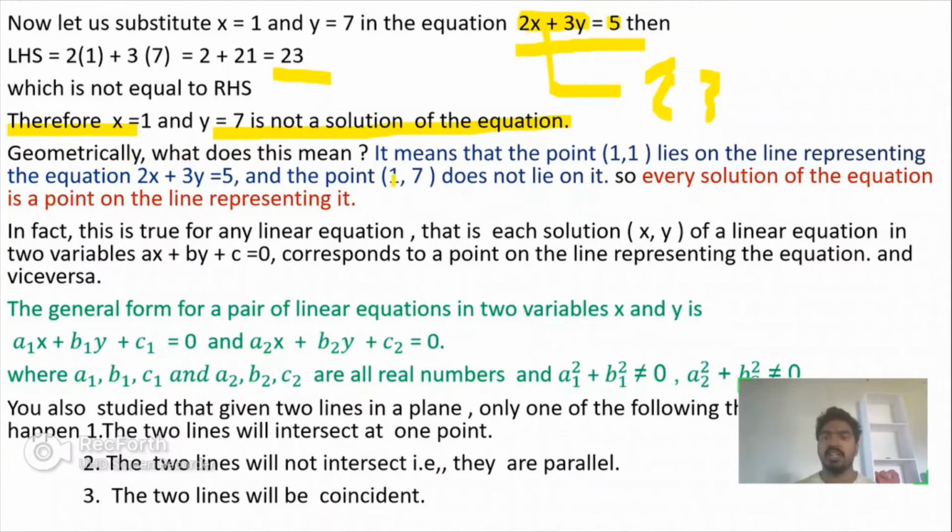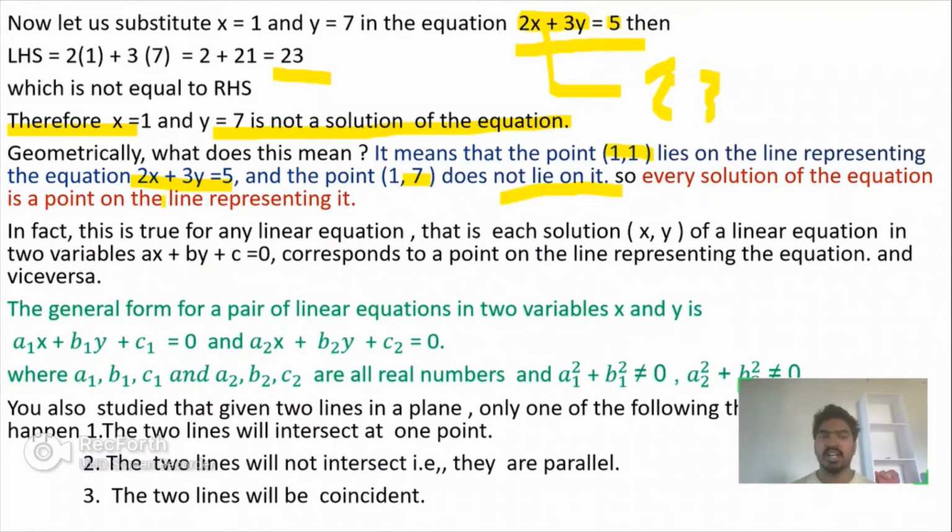Geometrically, what does this mean? It means if you represent this equation in a graph, we can clearly see that the point (1, 1), which we took to substitute in the equation earlier, lies on the line representing the equation 2x plus 3y equals 5, and the point (1, 7) does not lie on it.